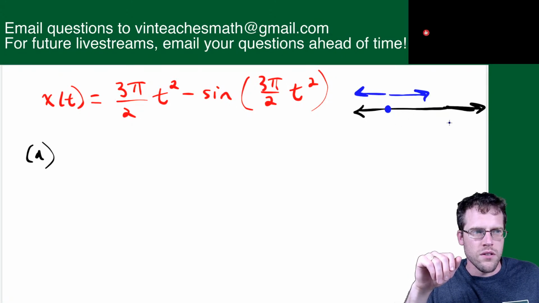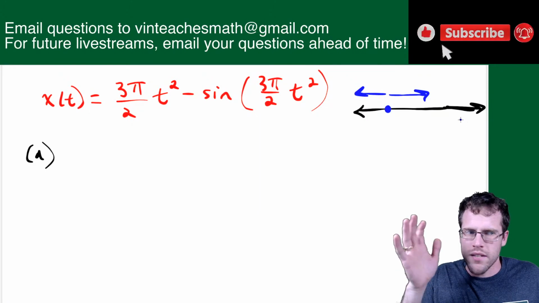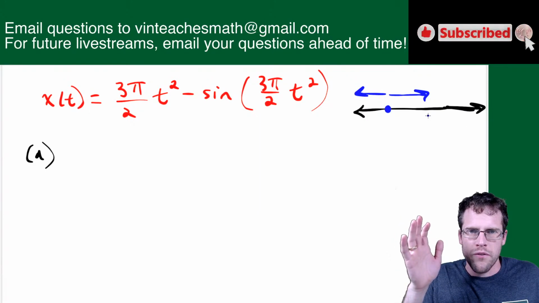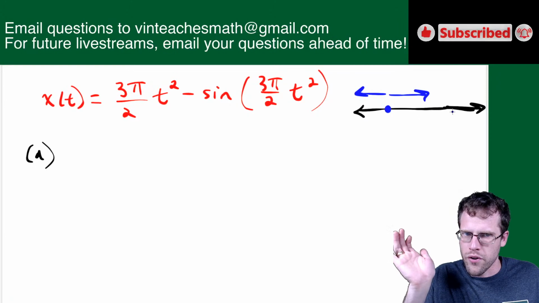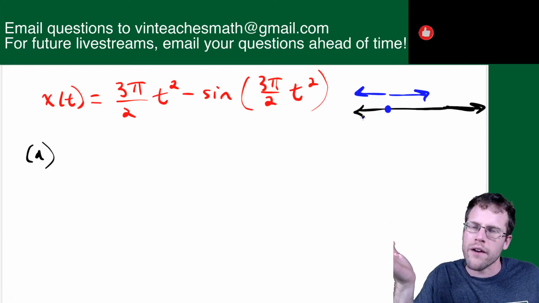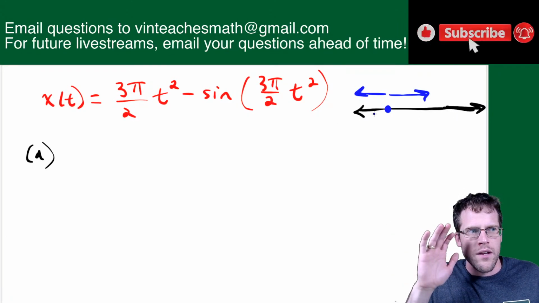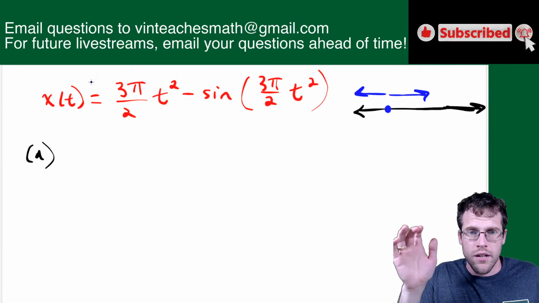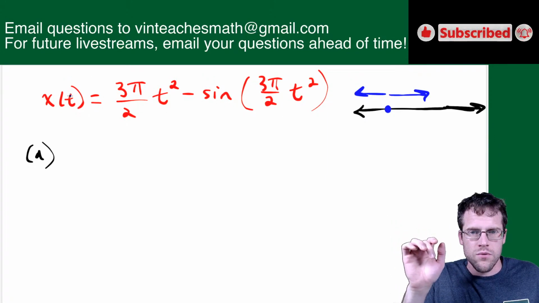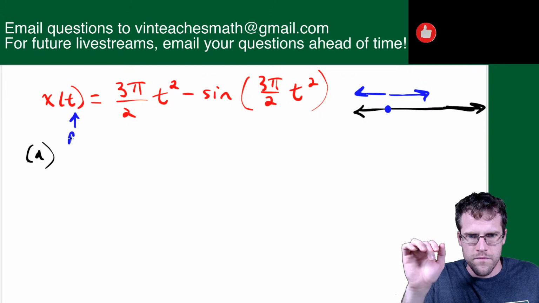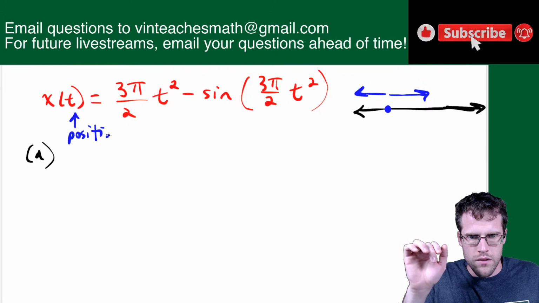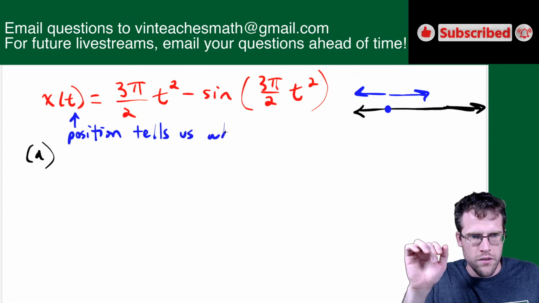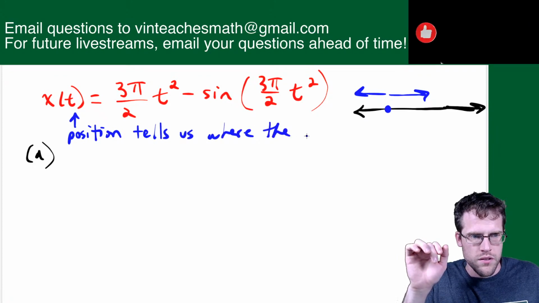It may go to the right for 20 seconds, then go backwards for 3 seconds, go forward for another 1,000 seconds, go back for 10,000 seconds. So this thing is just moving left and right. And x of t tells us where the particle is.